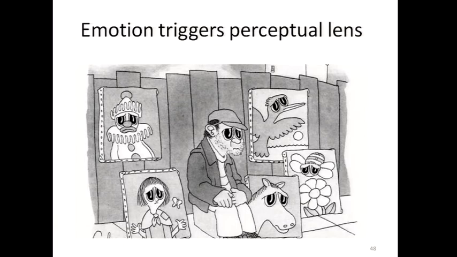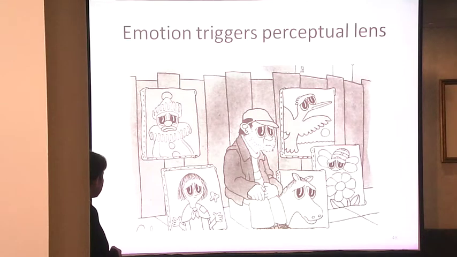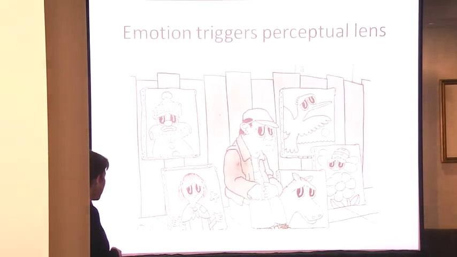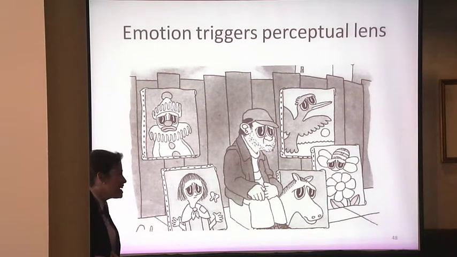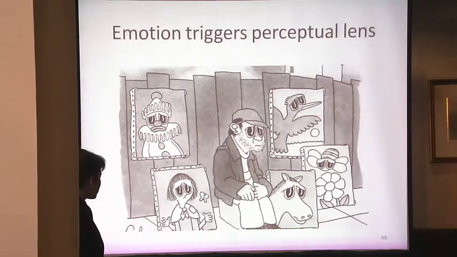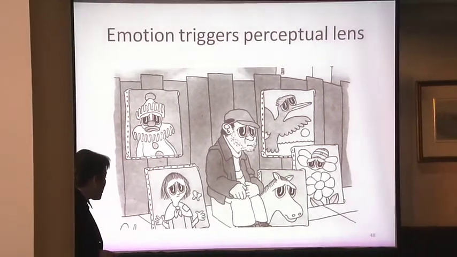So here you have the sad artist, and he is painting these images that are traditionally very happy, like a clown, a bird at the beach with the sun, a girl and a butterfly. I love the anxiety on the horse's face. I mean, nobody's ever seen a horse with that expression.